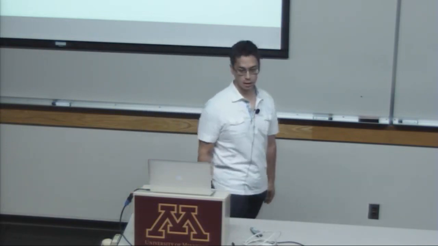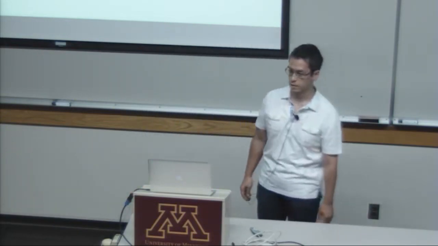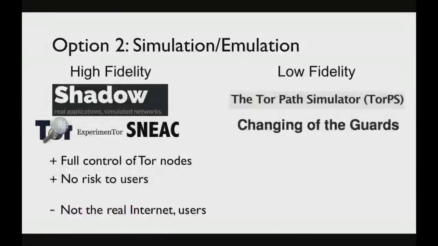Option 2 is, and lots of us do this, some kind of high fidelity or low fidelity simulation or emulation, such as the Tor path simulator, TorPS, or the Changing of the Guards, COGS, if you're just doing path selection type of things. And if you want the high fidelity stuff, so you get at least down to where there is some kind of network going on, you get Shadow or ExperimenTor or this new thing, SNEAC, that's come out.